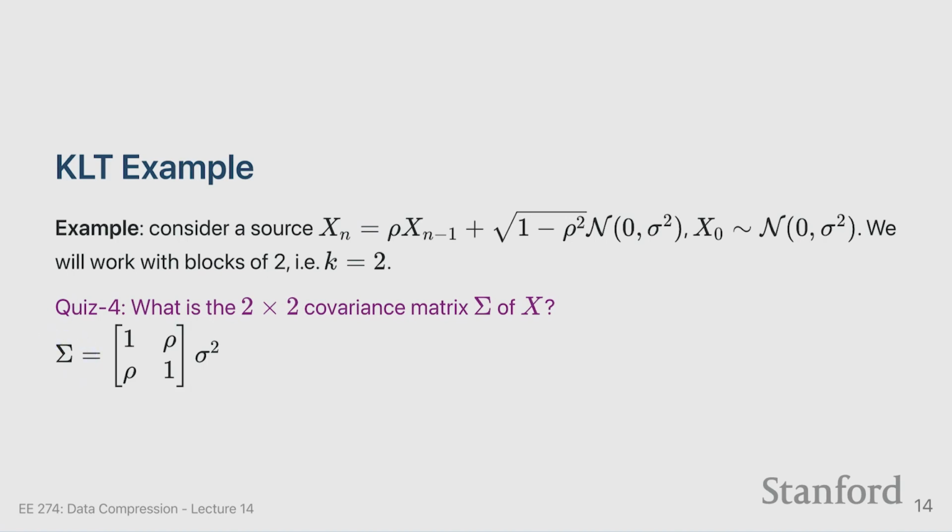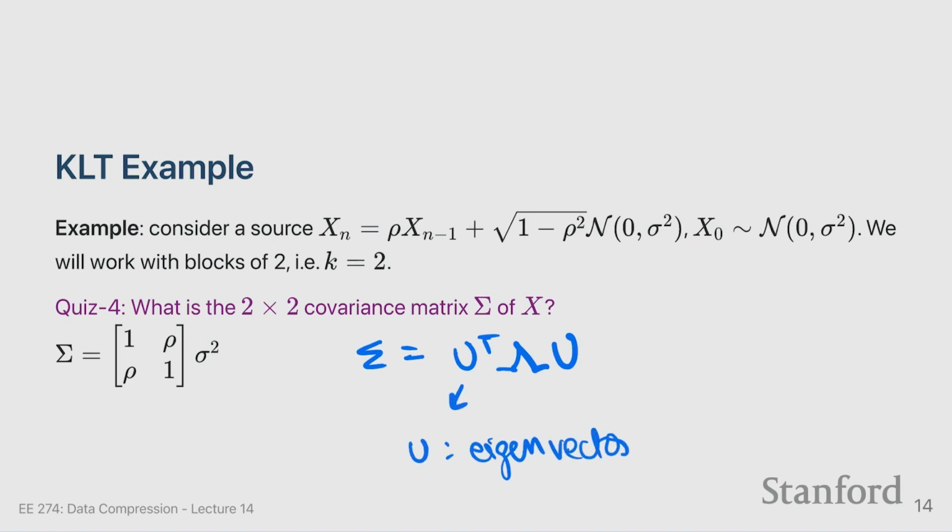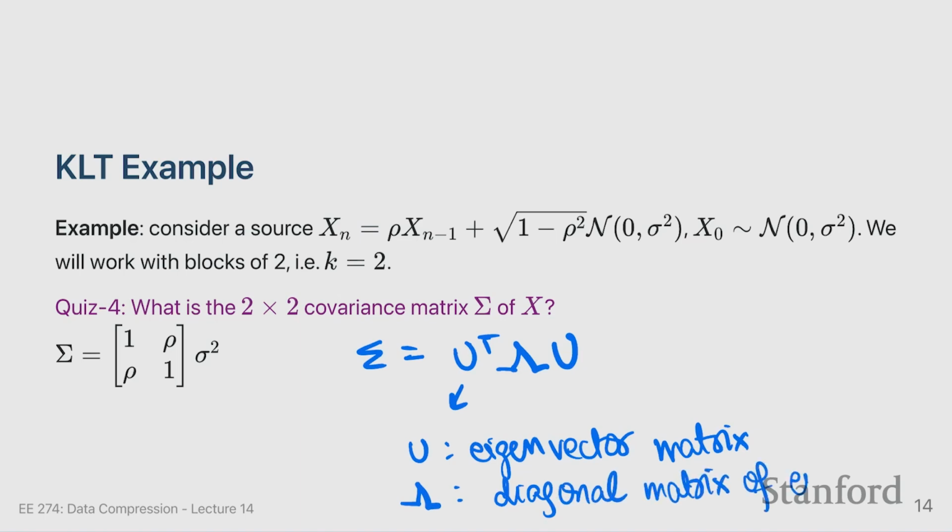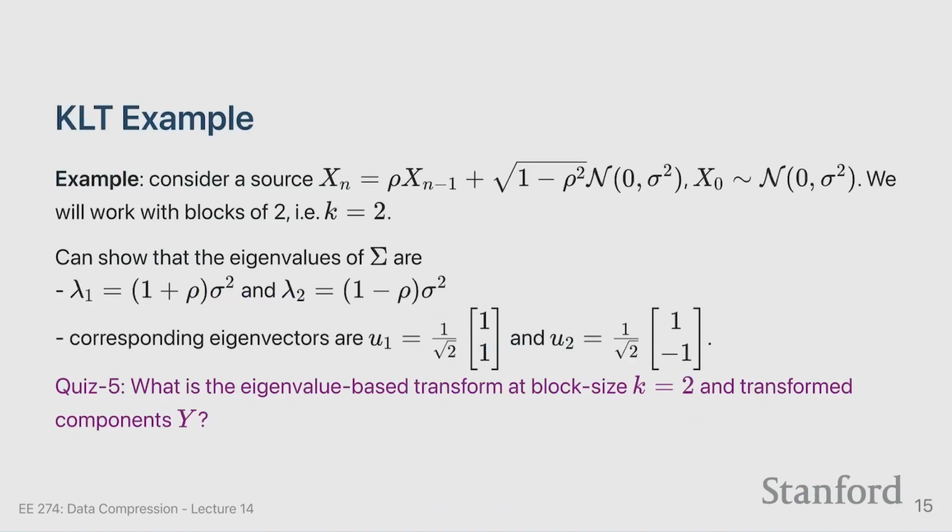Remember the KLT step, we have to figure out its eigenvalue decomposition, or this diagonal transform where U is your eigenvector matrix, and lambda is just a diagonal matrix of eigenvalues. Earlier I thought I'd ask you to do this, but this is not a linear algebra class, so go home and work this out. It's not very hard, but do it once yourself.